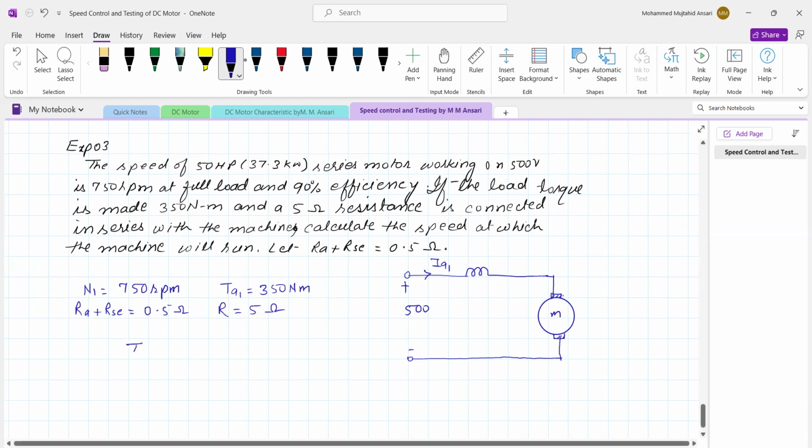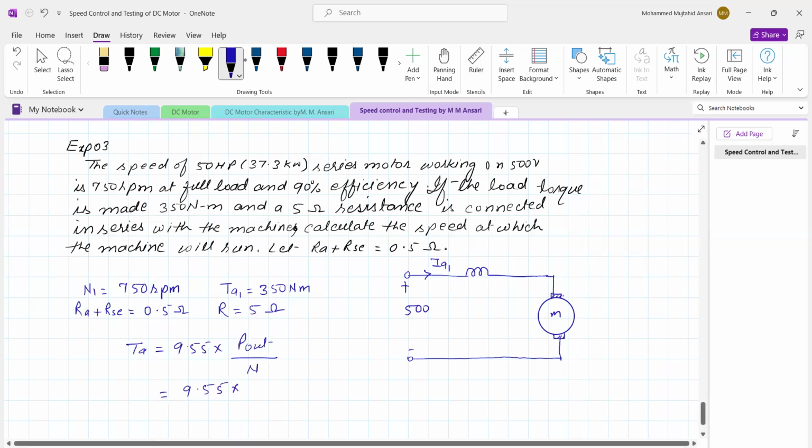Okay, so we know that torque is equal to 9.55 into power output divided by speed. Now the speed is given, so we can calculate the power.